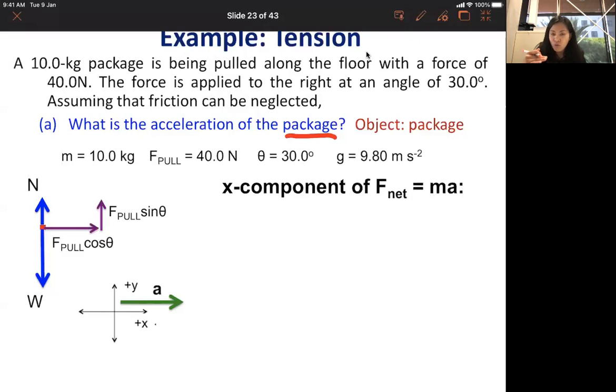So let's do the X component. That's the net force along the X, and that should be the acceleration along the X. Look at your free body diagram. You only have one force along the horizontal, which is the x component of your pulling force. It's F pull cosine theta.